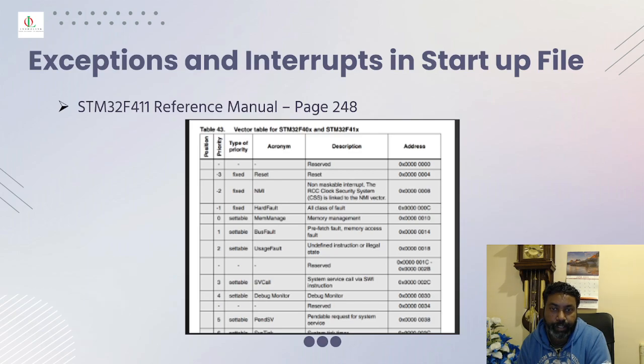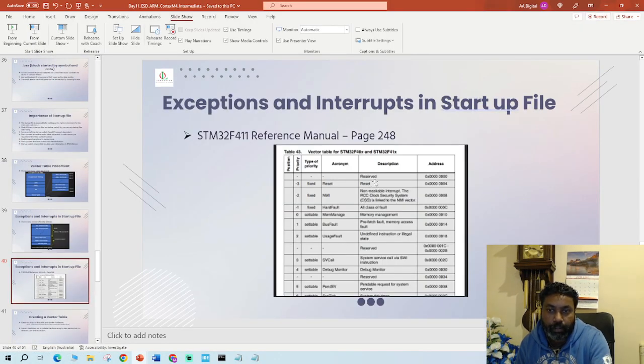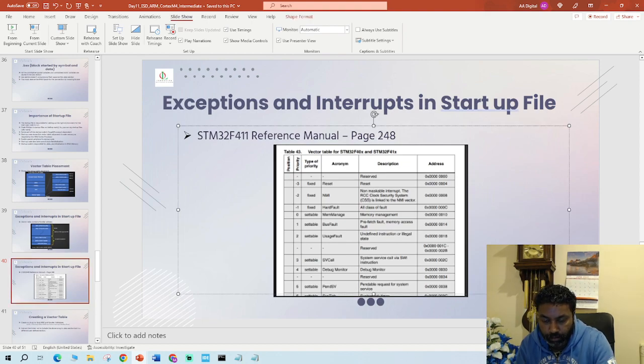You will see this on page 198, not 248. It's in a different reference manual. The one I shared, it will be on page number 198. Sorry, I'll just correct that.